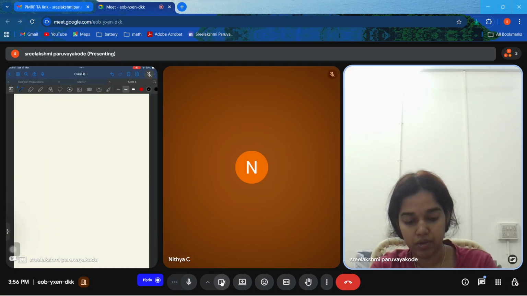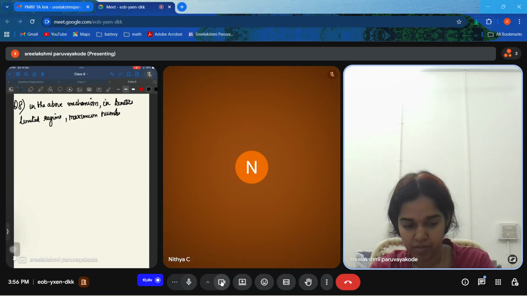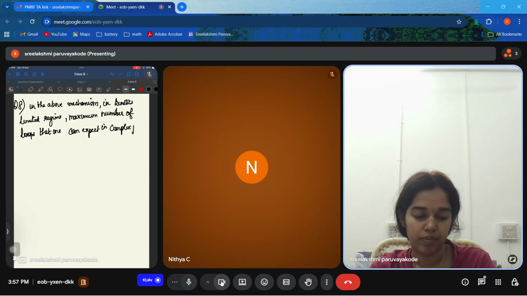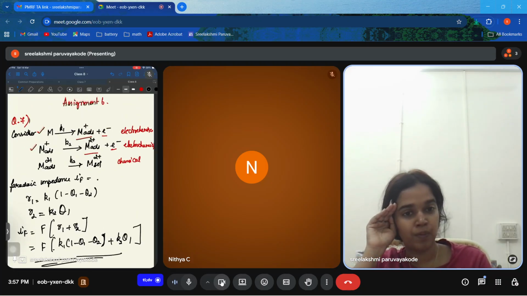So the eighth question says, in the above mechanism, in the kinetics limited regime, the maximum number of loops that one can expect in the complex plane plot is. So if I'm plotting this mechanism, how many loops can I get?